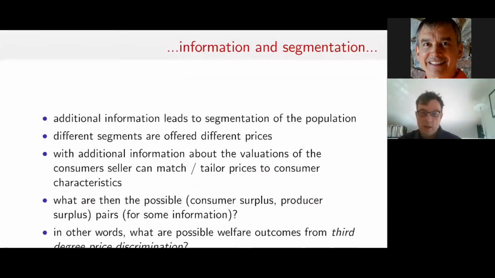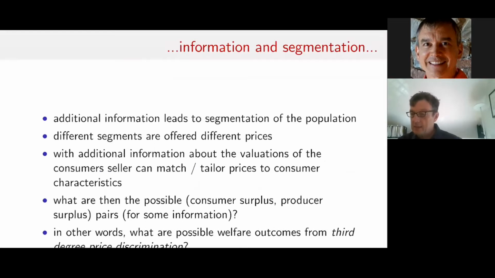Okay. What is key here is that there's a relationship between the segmentation that the seller can attain in a market and the information that allows him to pursue that segmentation.